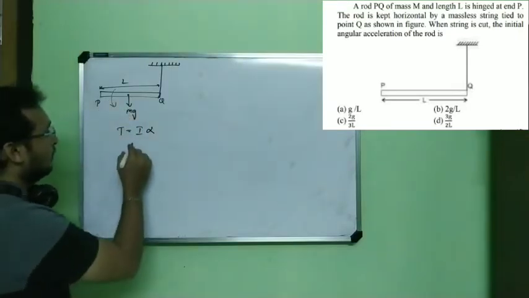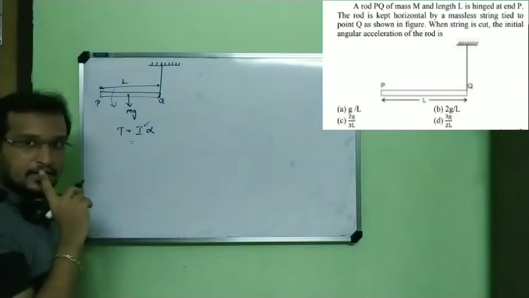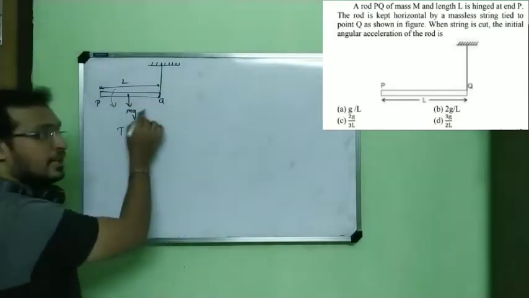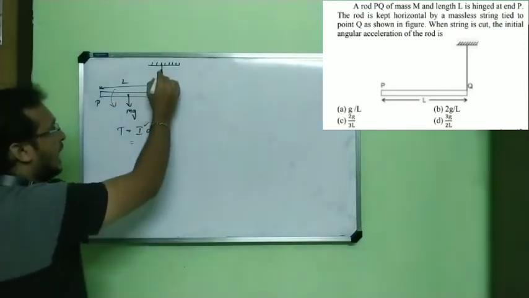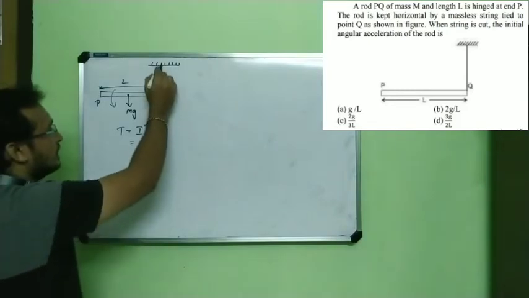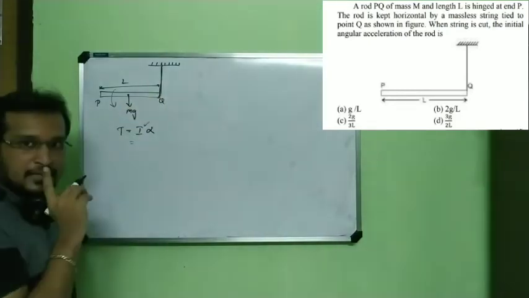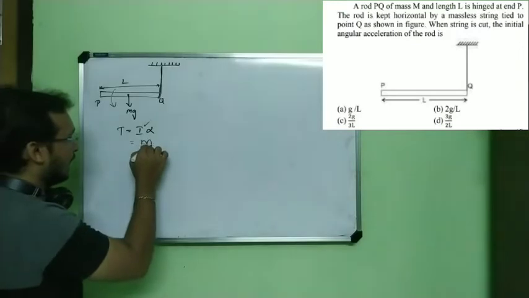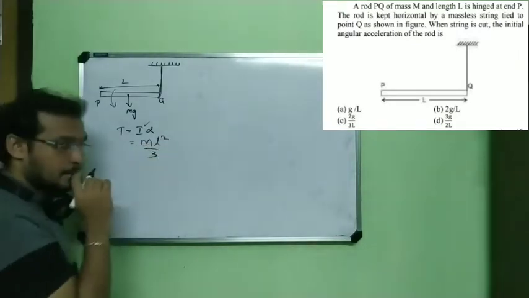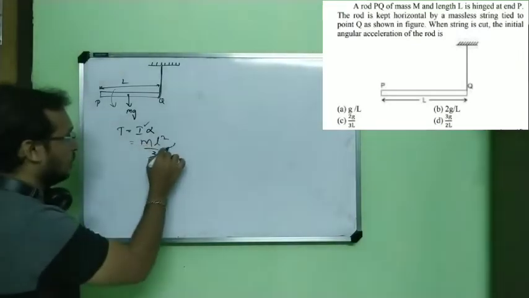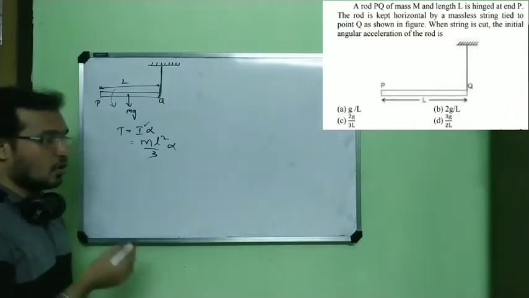What is I equal to? This is a cylindrical rod with the axis passing through one end. We have the formula I equal to ml square by 3. So the torque is ml square by 3 into alpha.